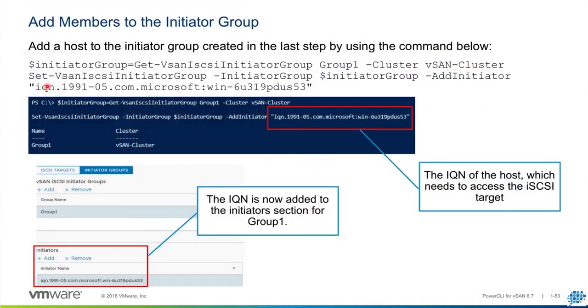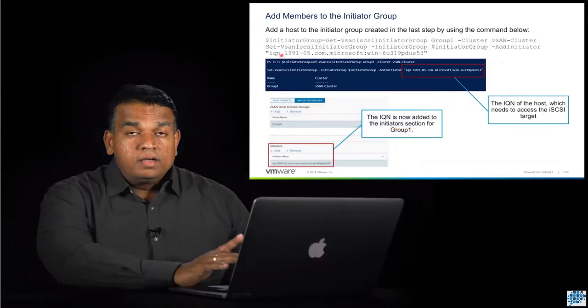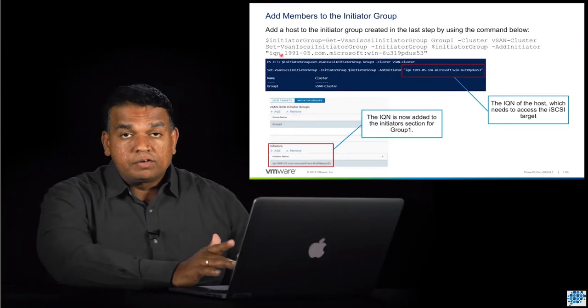The command which is required is Set-VsanIscsiInitiatorGroup, and then I specify the initiator group object, and I specify a parameter called AddInitiator, and after that I am adding the iSCSI initiator for that Windows machine. This value which you are seeing here is the IQN value for that Windows server, which you need to get from that Windows server machine.